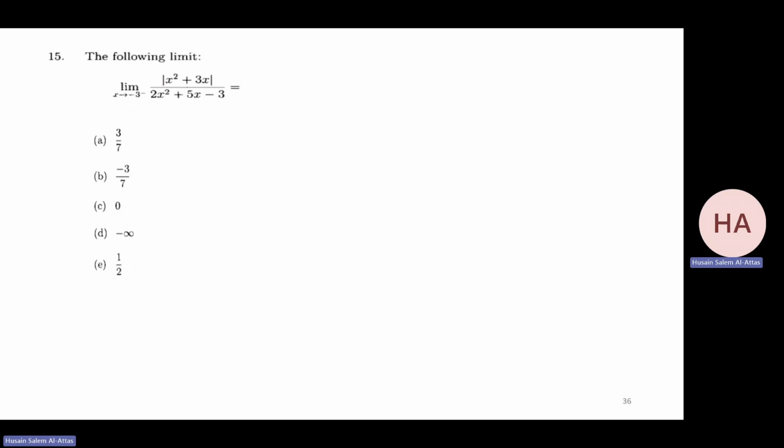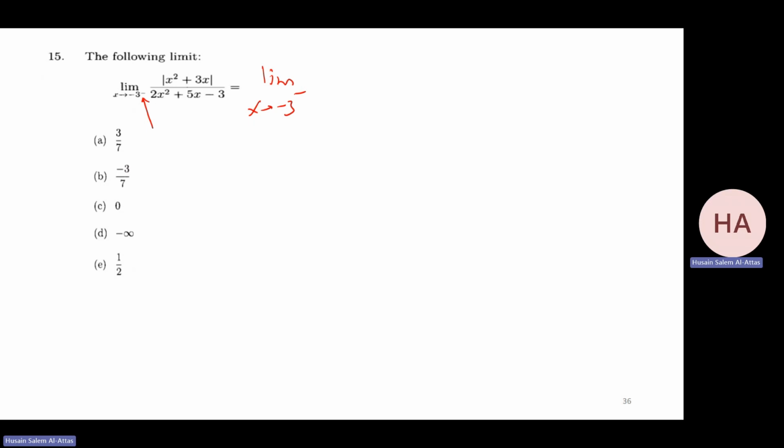Now with the absolute value. With the absolute value, before we do anything, we need to get rid of the absolute value. You notice here I have it from the left, so I need to get rid of the absolute value before I do any calculation.